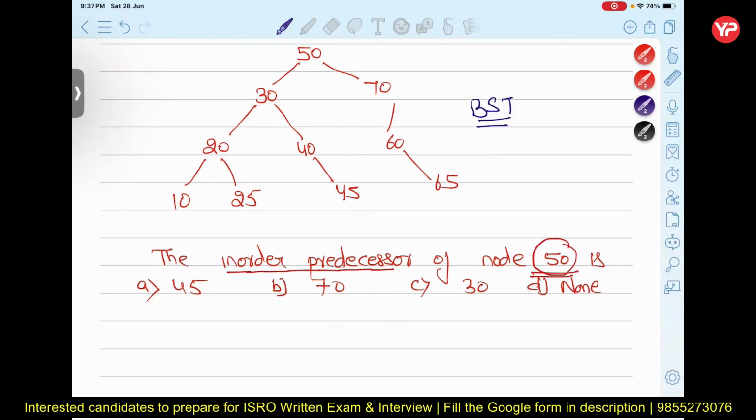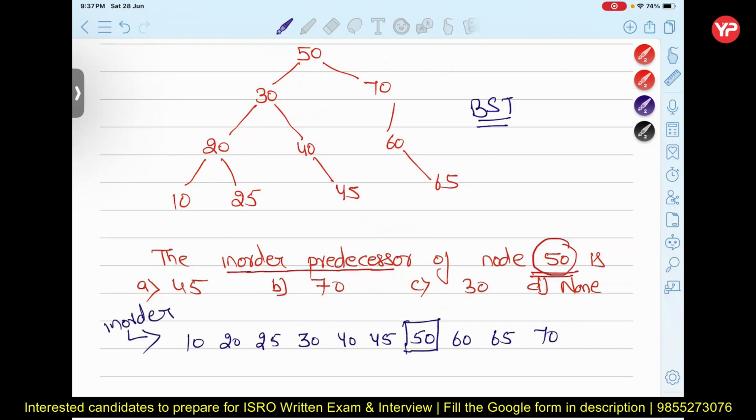So can we write the sorted order of the given input? The sorted order is 10, 20, 25, 30, 40, 45, 50, 60, 65, and 70. This is the in order of my BST, and in order is always sorted. Keep in mind, only for BST.